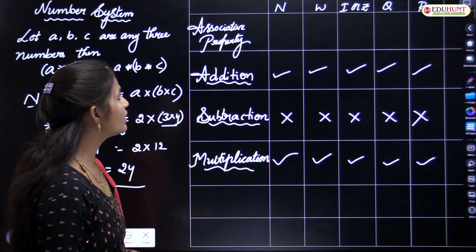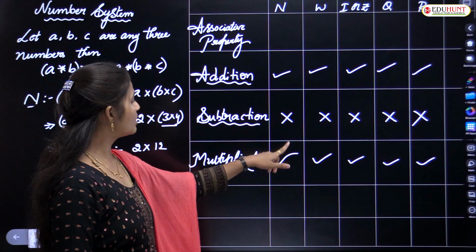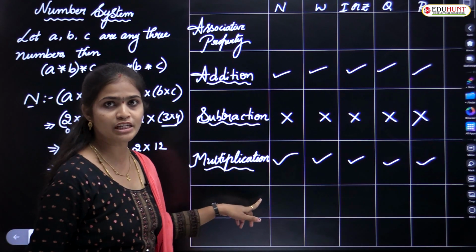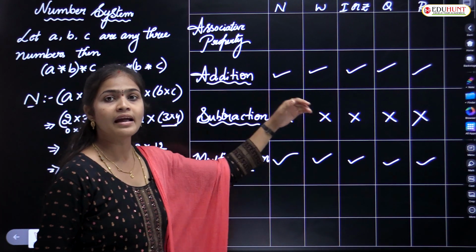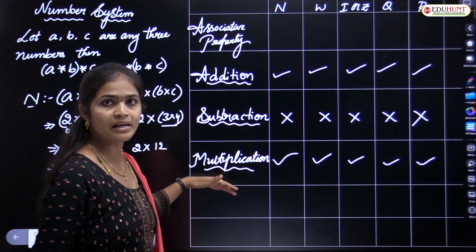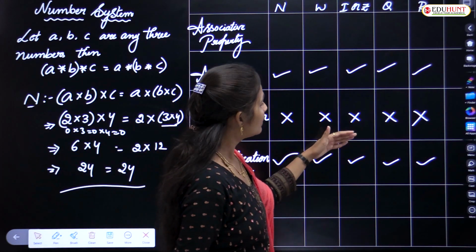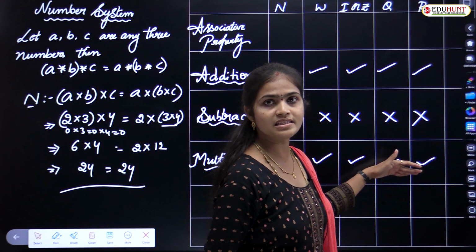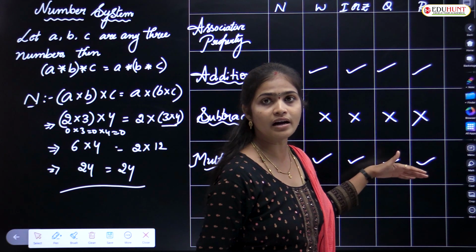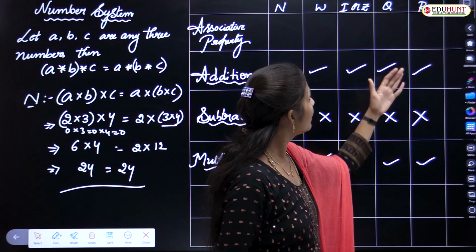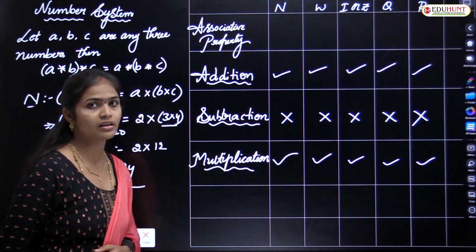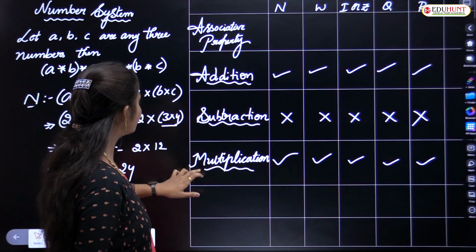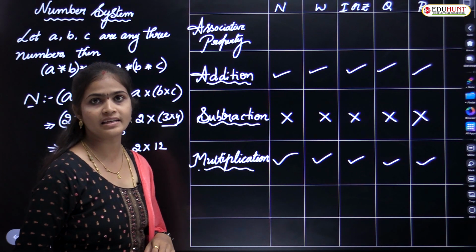So here we can say that natural numbers are associative under multiplication, as well as whole numbers, integers, rational numbers and real numbers are also associative under multiplication. So addition and multiplication both satisfy it here.